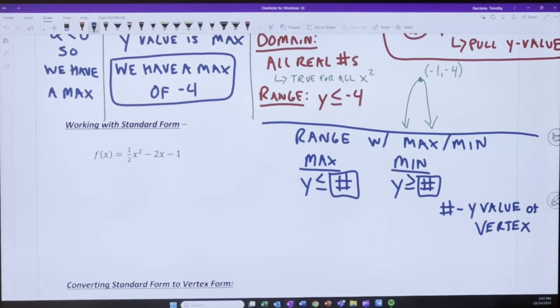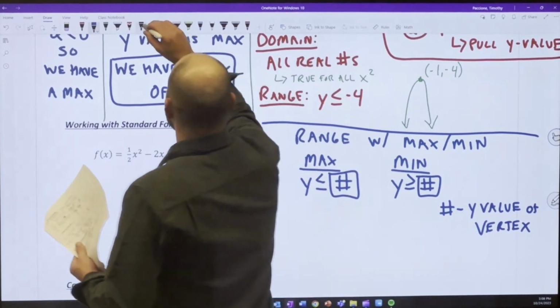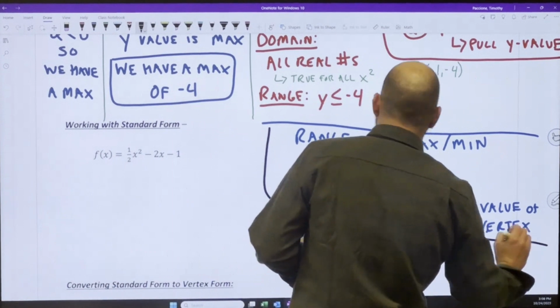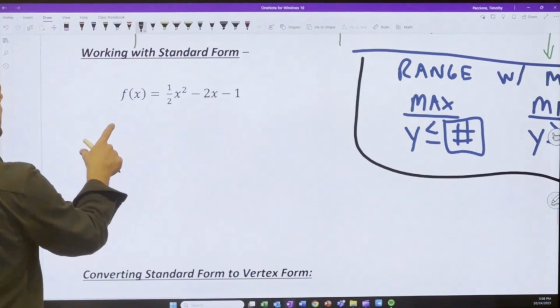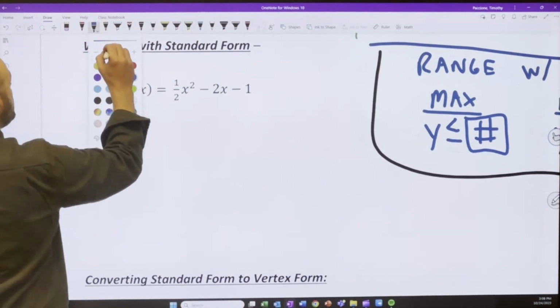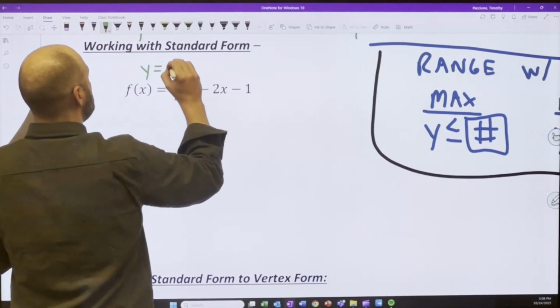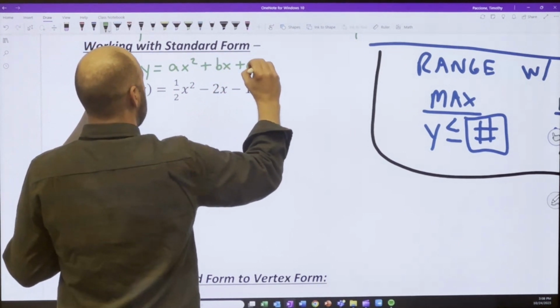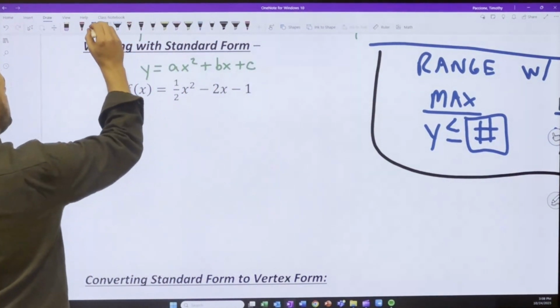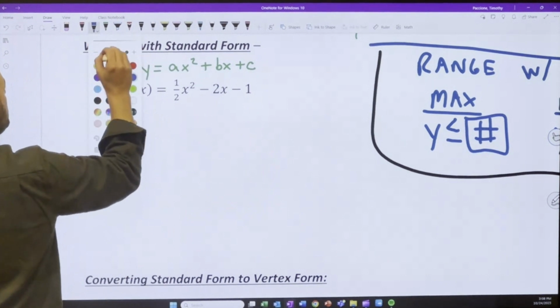Okay. Now, when we're working in standard form, we have a little bit more work to do to find our max or min. Find the same pieces, but it's a little bit more work. So let's do one with standard form. Standard form, of course, is y equals ax squared plus bx plus c, right? And it's always good to just say what our a, b, and c is.